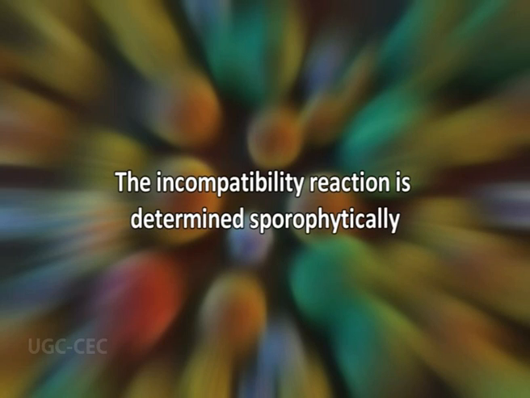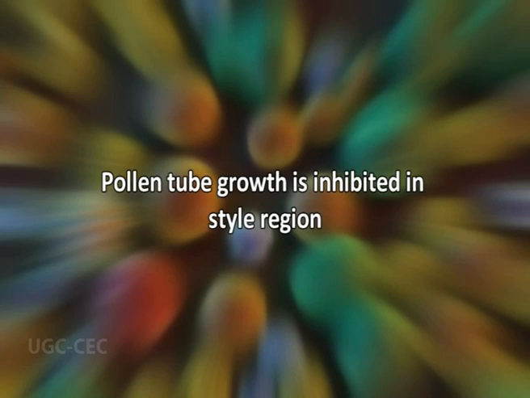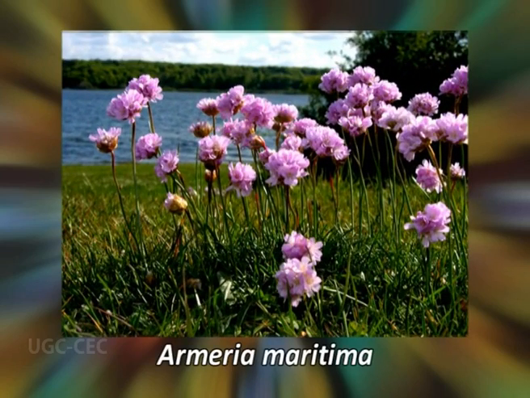Second, the incompatibility reaction is determined sporophytically. Third, pollen tube growth is inhibited in the style region. The only exception is Armeria maritima, where inhibition occurs on the stigma.